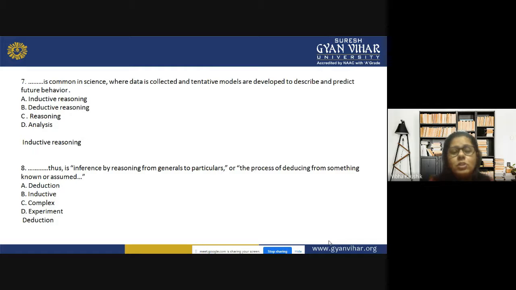So deduction is inference from general to particular, where we find out the inferences for the population, and it is done by reasoning, and we move from general to particular, or the process of deducing from something known or assumed. That process is known as deduction.